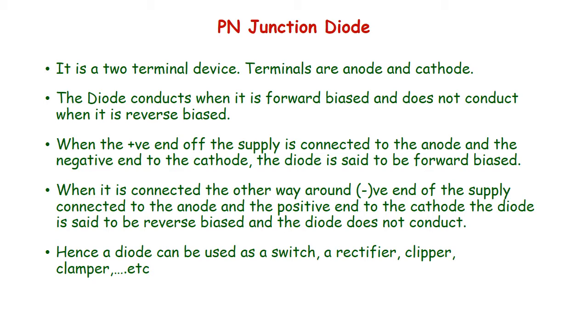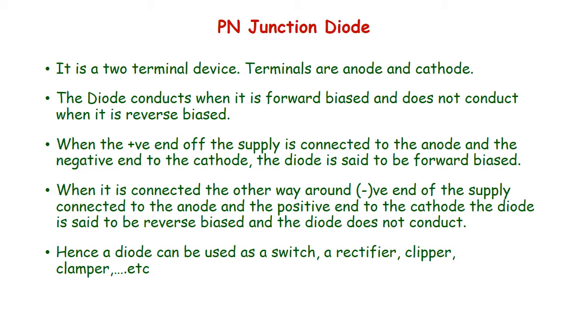And the diode is said to conduct when it is forward biased. The diode is forward biased when the anode of the diode is connected to the positive end of the supply and the cathode is connected to the negative end of the supply.